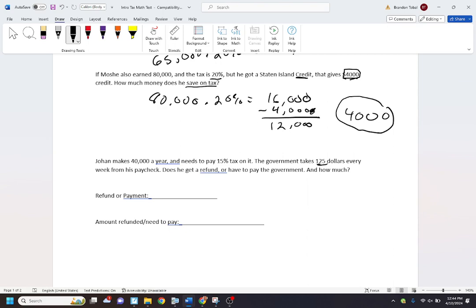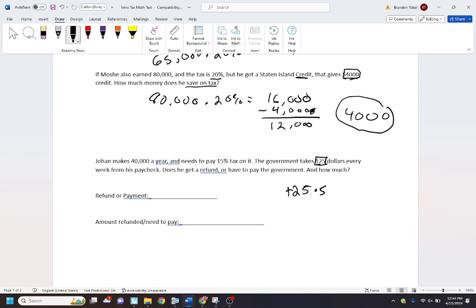All right. He gets charged 125 in taxes per week. So that means he got charged 125 times how many weeks are there in the year? 52. And if you don't remember that, don't worry, you can ask me during the test.